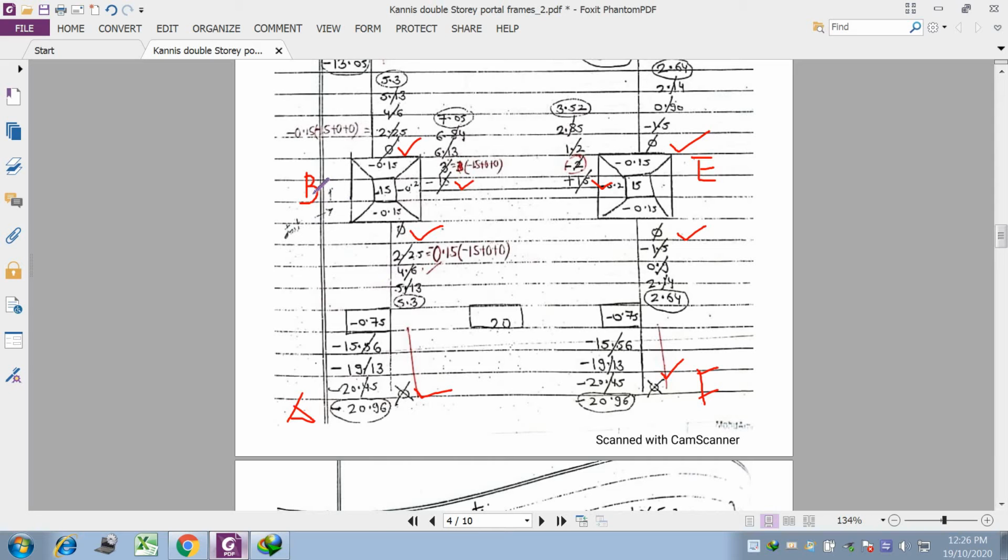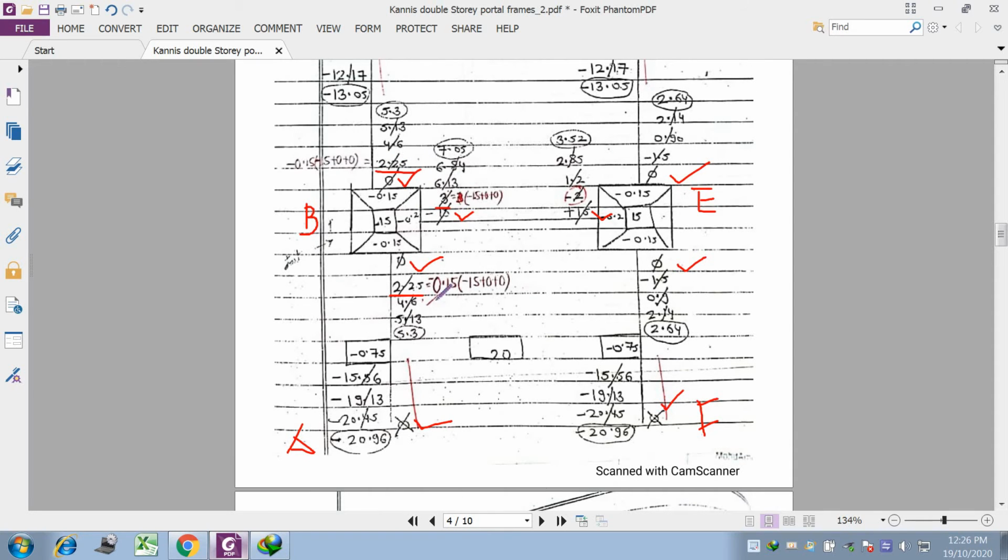So let us start from B. First of all, we have to see how this 2.25, then this 3 value, then this 2.25 value will come. First we have to write the rotation factor value of BA outside the bracket. Then our assumption for Kani's iteration number 1 is that whatever the far end moment will be there, you have to consider as 0.